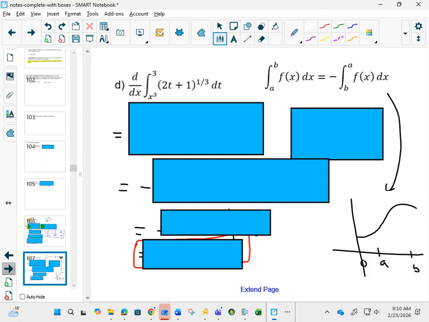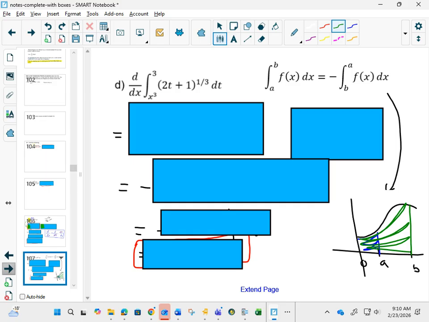You would have this blue area up to A would be the area from 0 to A. And this green area up to B would be the area from 0 to B. And if you took the two of those areas and subtracted them, you would get the area from A to B.